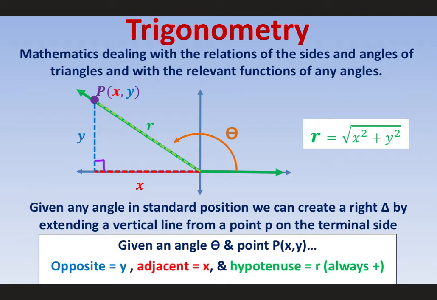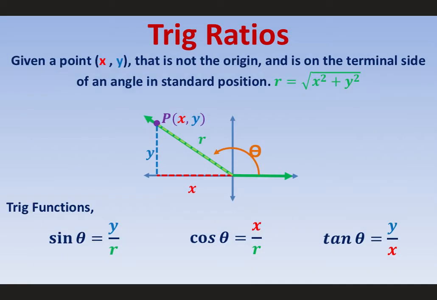In the previous slide, I had said that the sine of an angle was the opposite over the hypotenuse. But if I translate it now, I'm going to say the sine of an angle is my y value over my r value. So opposite is y, hypotenuse is r, adjacent is x. Otherwise, we can use it all the same way as before.